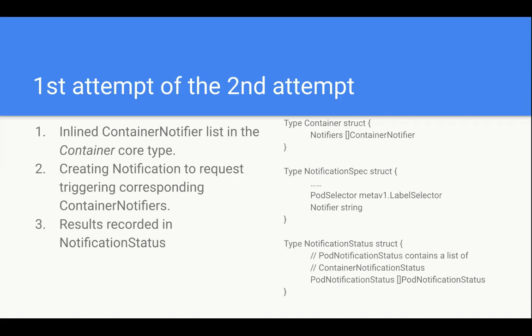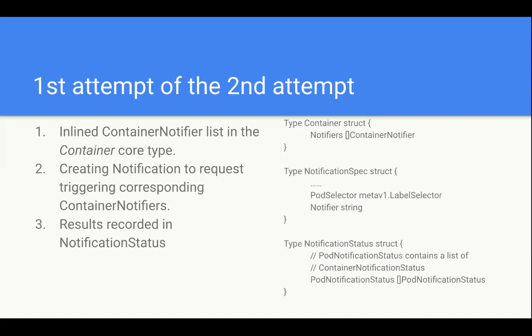This is not an API object, it's just an inline type. The structure of the notifier is pretty straightforward. It's basically just a handler which does the command, and the name. The name uniquely identifies a specific handler to run. In a container, you can have multiple notifiers.